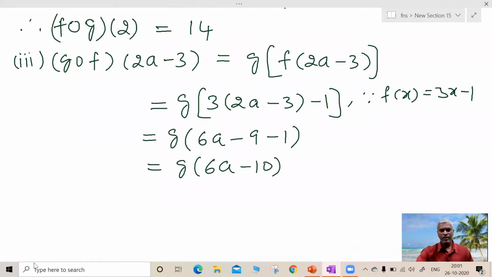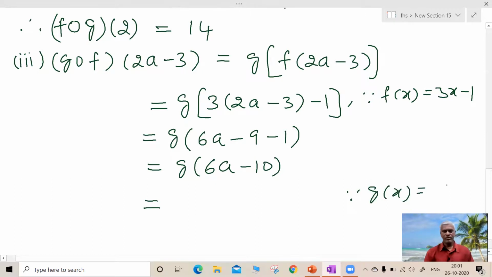Now substituting 6a minus 10 in g function. Since g of x is equal to x square plus 1, here x is 6a minus 10. So x square plus 1.